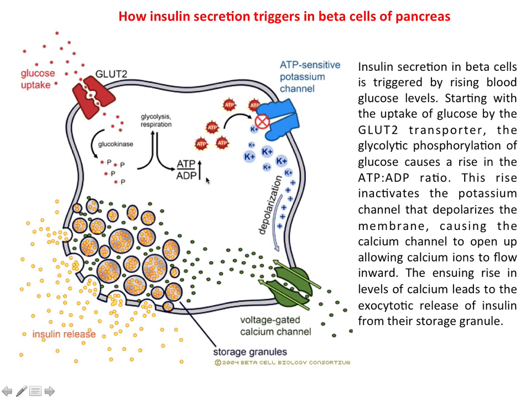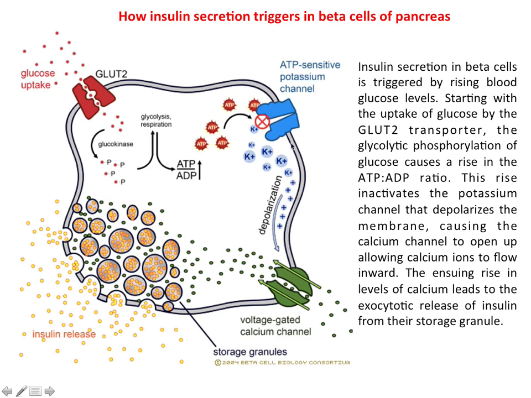the ATP/ADP ratio increases. Once the ATP ratio increases, it blocks the potassium channel. Once the potassium ion channel is blocked, it creates depolarization of the cell membrane.